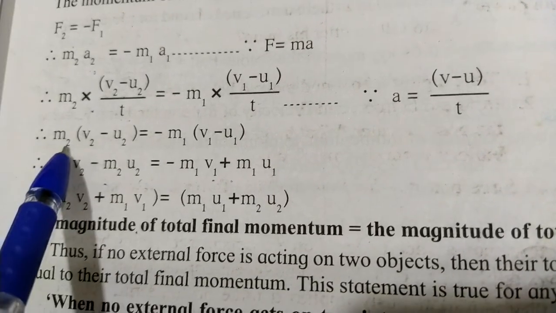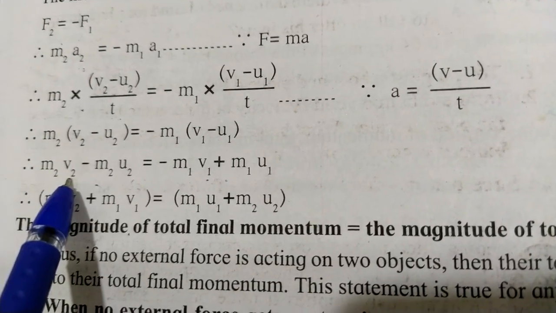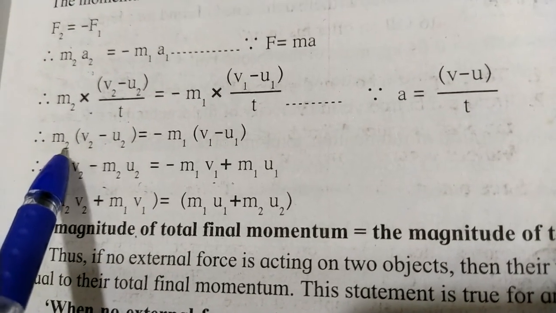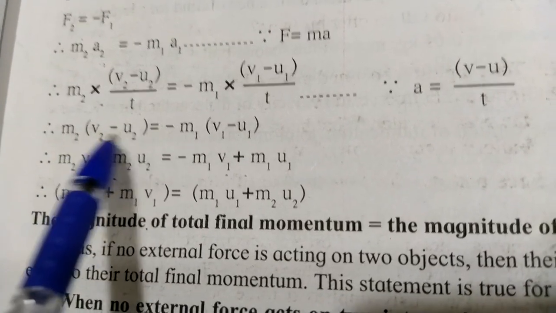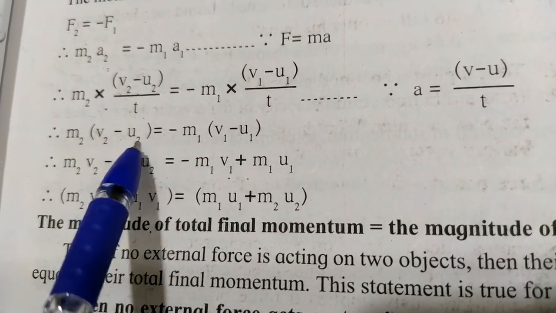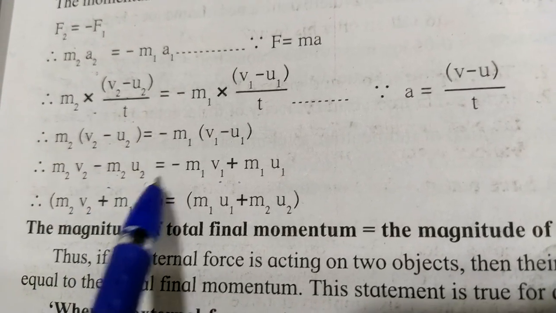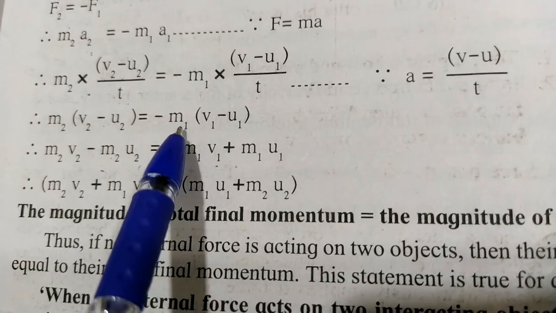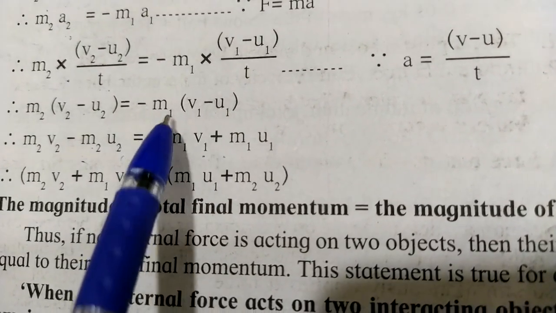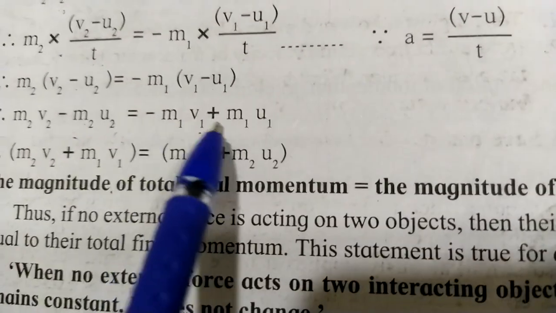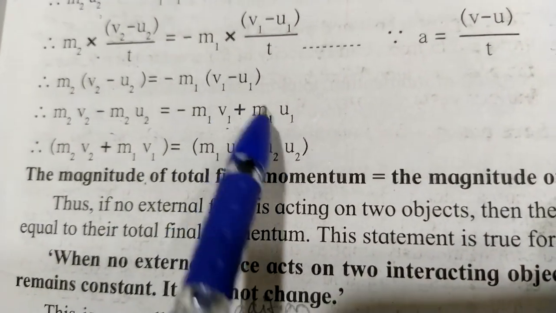Now multiply outside the bracket: m2 into v2 is m2 v2 minus m2 u2, is equal to minus, again multiplying m1 by both factors, m1 v1, and this minus will become plus, m1 u1.